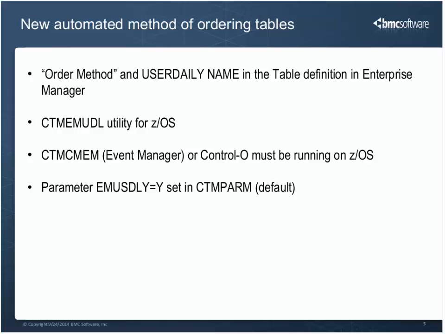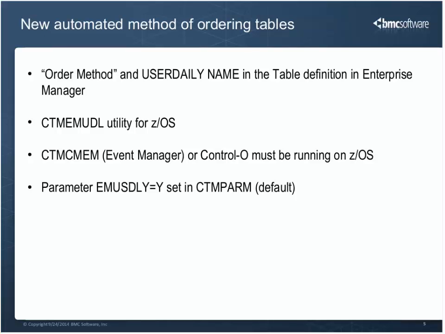On the Enterprise Manager side, there are two fields, which I mentioned earlier, user daily name and order method, which are both coded on each table definition when creating new tables or amending existing ones. We'll take a look at these in a minute. The new things that you'll see on the zOS side, firstly there's a new utility called CTMEMUDL, which we'll come to in a minute.